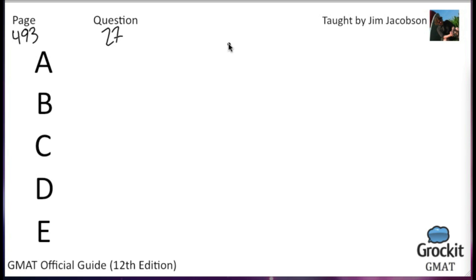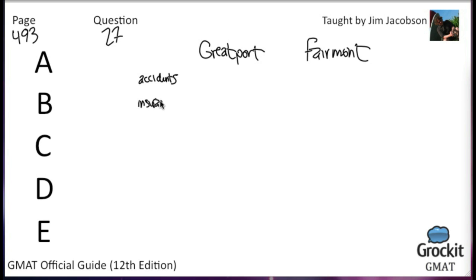So, evaluating the argument. We have two cities, Greatport and Fairmont. And the information we have is accidents and insurance rates. So accidents or likelihood in Greatport is lower, in Fairmont it's higher.